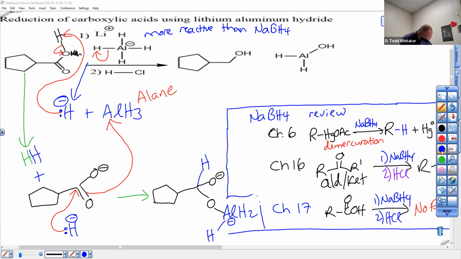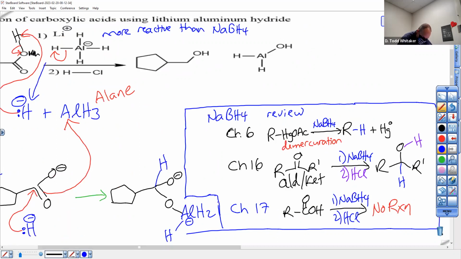My box is changing size. There you go. We're not there yet, are we? Hey, aluminum's got a minus charge again. And I hope you do know that there's 2 new H's on this position that weren't there before, and you've only done one of them.